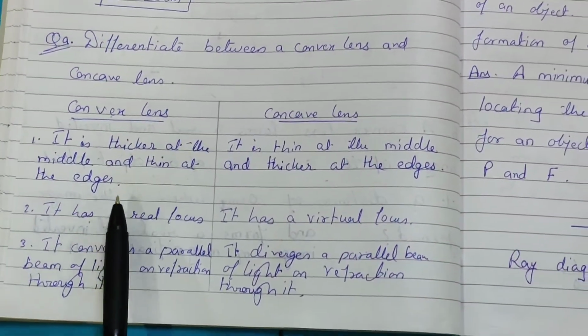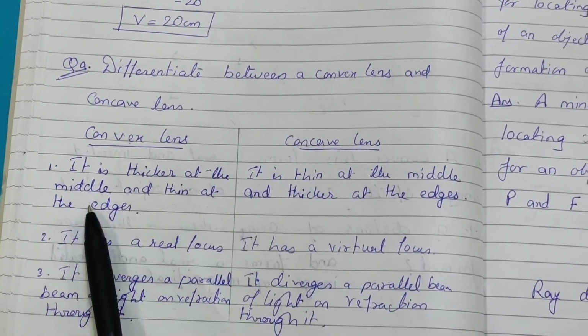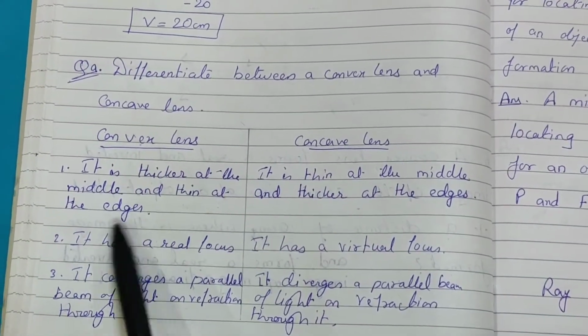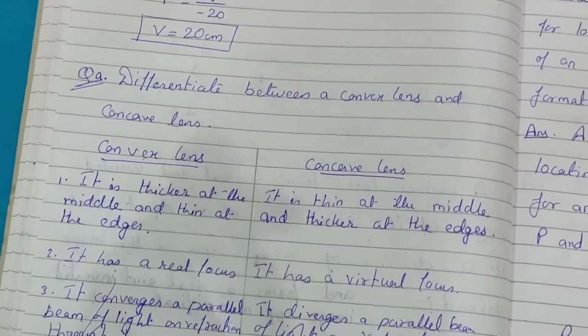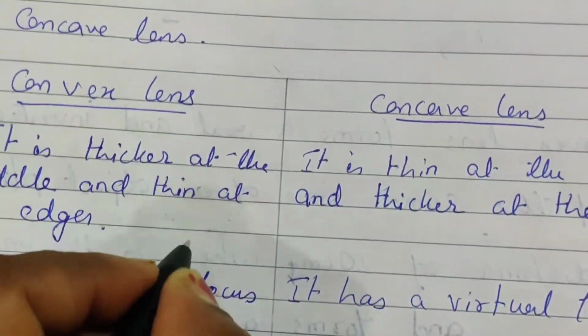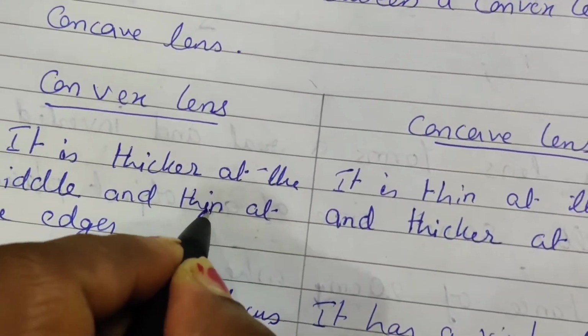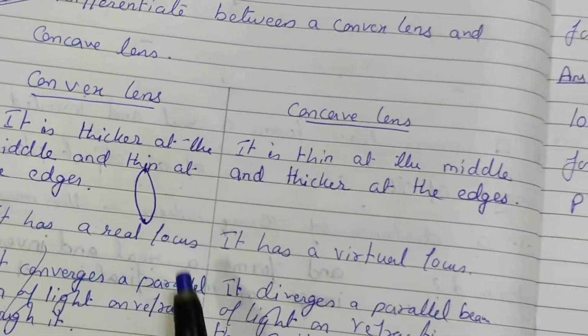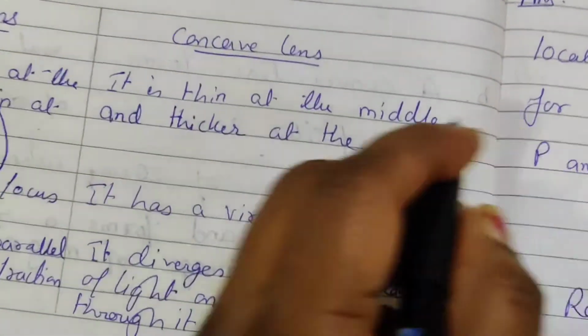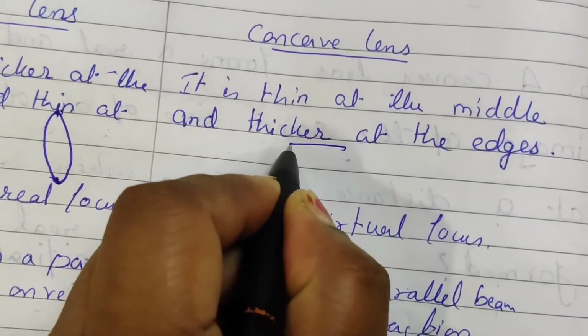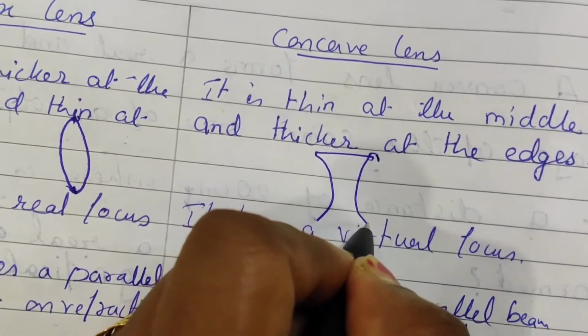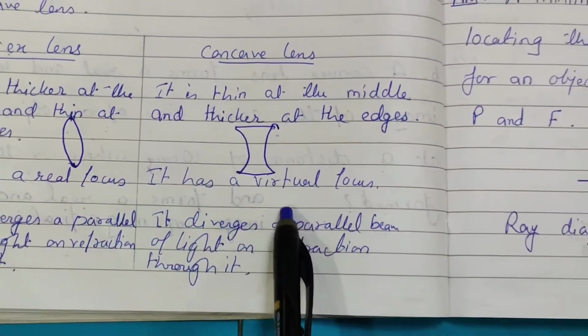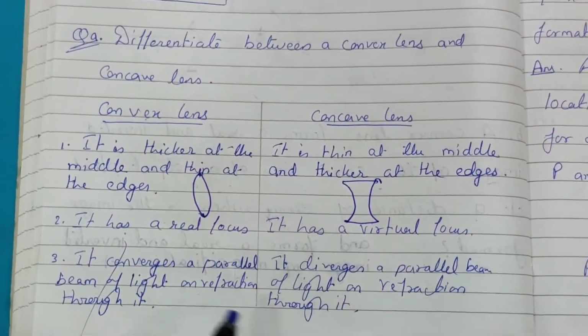Convex lens is thicker at the middle and thin at the edges. How does it come? This is thicker. And what is a concave lens? It is thin at the middle and thicker at the edges.